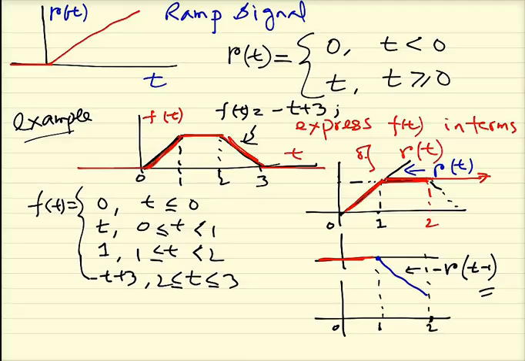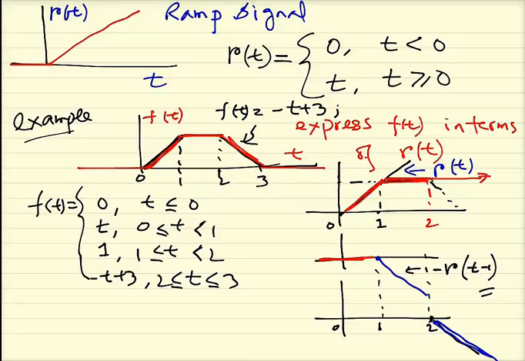So after 2, what do you want to do? After 2, you want to decrease it with a negative slope, right? So you should add another ramp signal here.